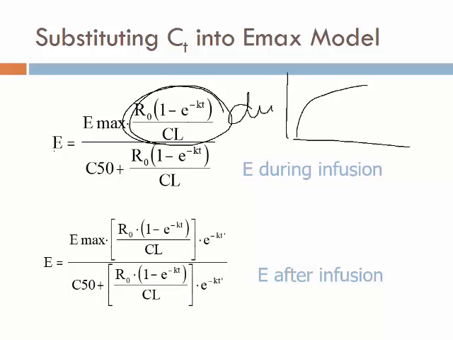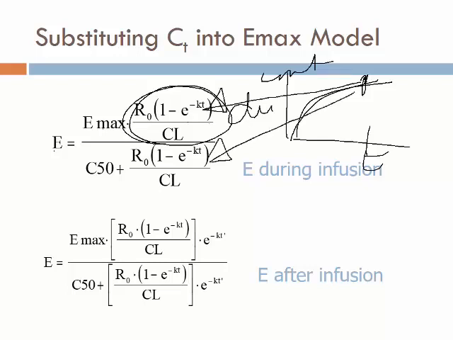So we're giving a constant infusion, and we want to know this concentration at time t. That's how we figure the concentration in there. And if we know our C50 and Emax, at any particular dose rate, at any particular time, we can figure out what the effect is going to be. Pretty cool, right? It's using these two models together.